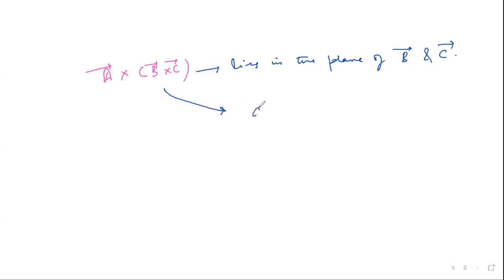It will be some number a times B plus some other number b times C. Simple, don't get confused.